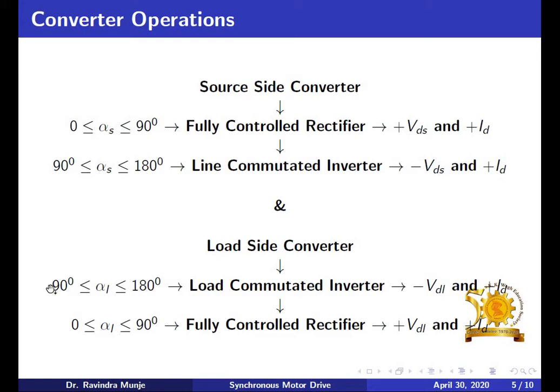When alpha L is 90 degree to 180 degree, then it acts as a load commuted inverter with negative VDL and positive ID, right? And when alpha L is between 0 and 90 degree, it acts as a fully controlled rectifier with positive VDL and positive ID.